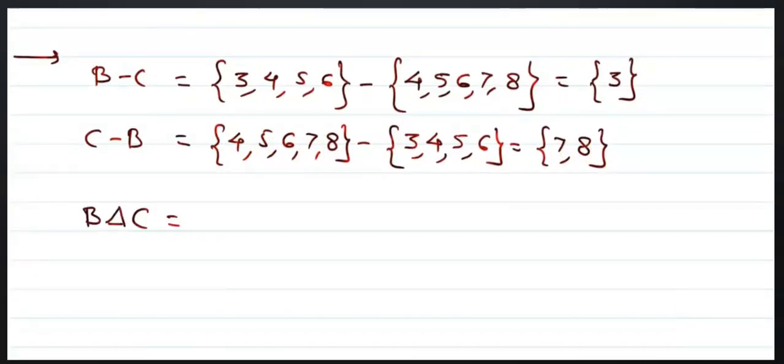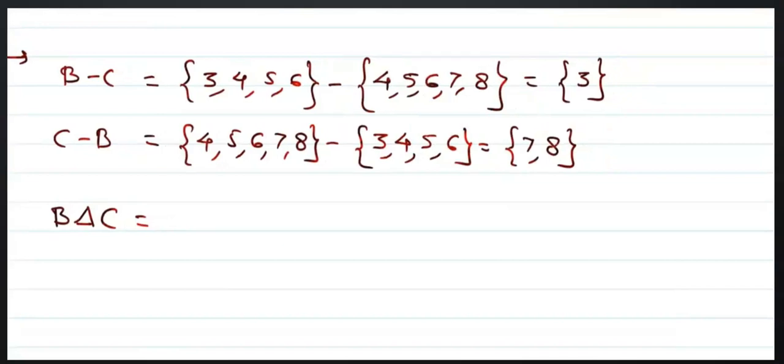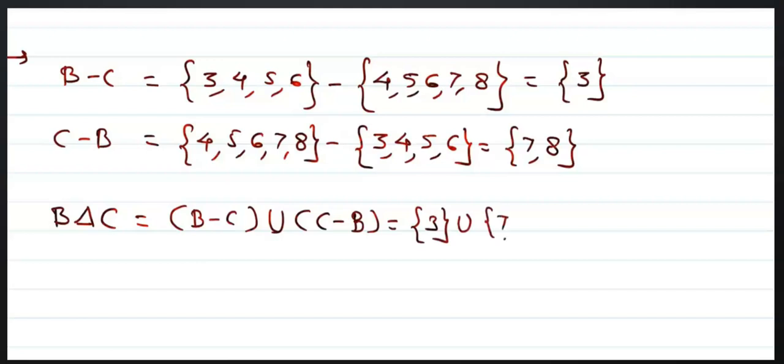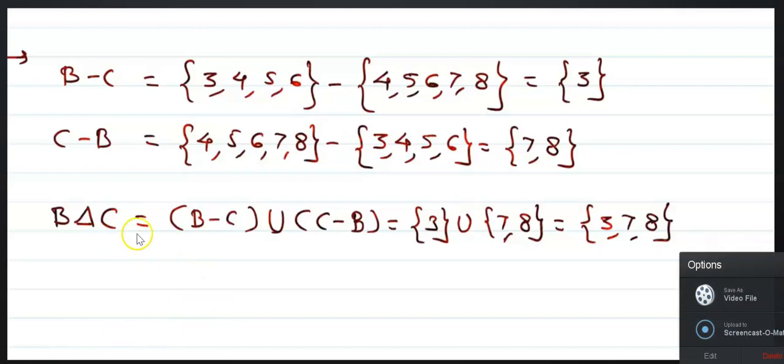Therefore, B symmetric C is equal to B minus C union C minus B. The B minus C is only {3} and C minus B is {7, 8}.